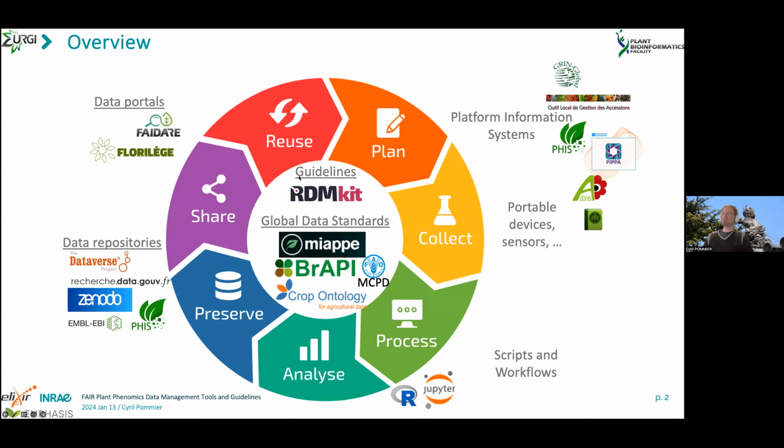First, guidelines and community practices, and I'm going to elaborate on what is being done in the RTM kit, and also global data standards with MIAPPE and BrAPI, the Breeding API, which are somehow two faces of the same coin, and the MCPD for plant biological material and plant genetic resource identification, as well as the Crop Ontology for traits.